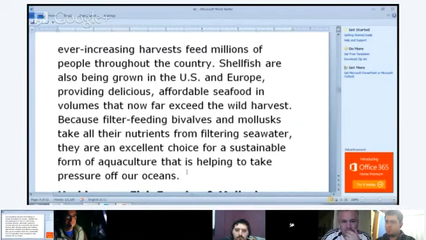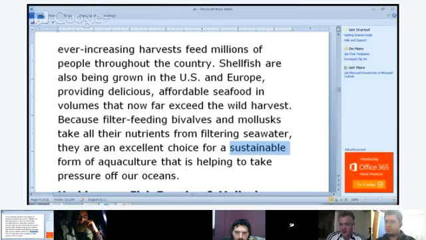Shellfish are also being grown in the US and Europe, providing delicious, affordable seafood in volumes that now far exceed the wild harvest. Because filter feeding bivalves and mollusks take all their nutrients from filtering seawater, they are an excellent choice for a sustainable form of aquaculture that is helping to take pressure off our oceans.